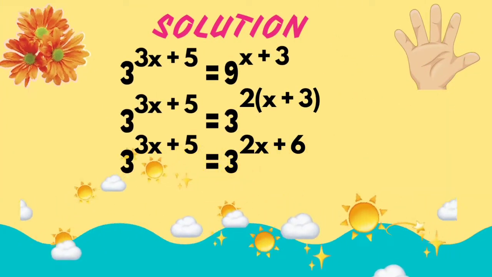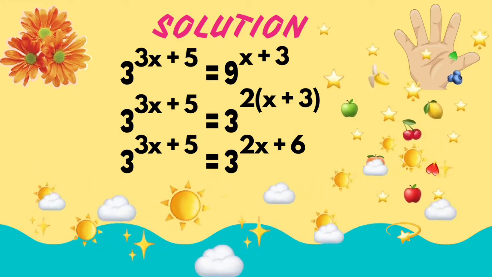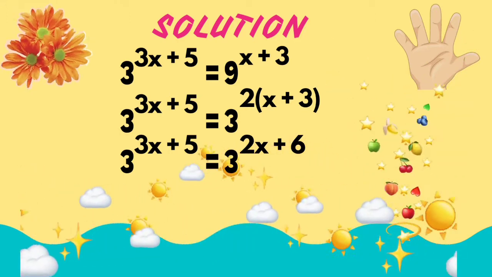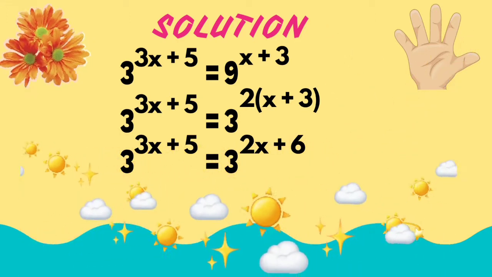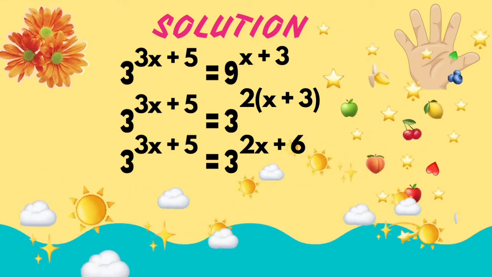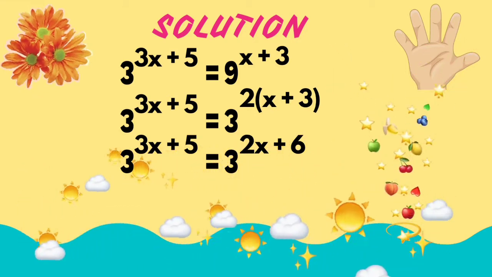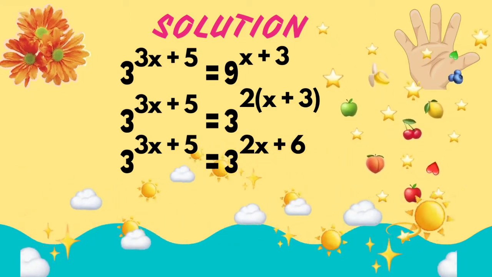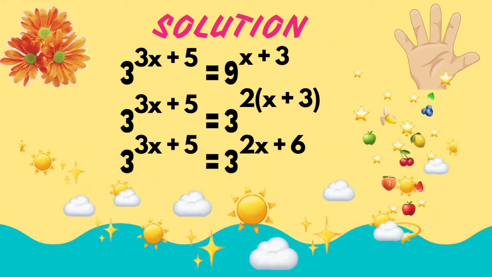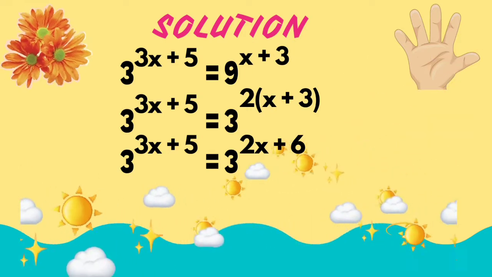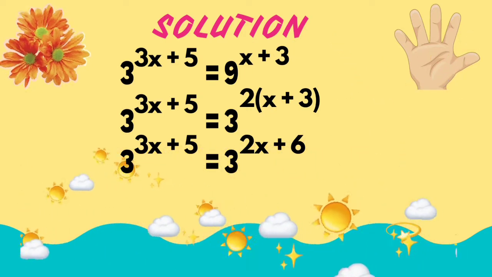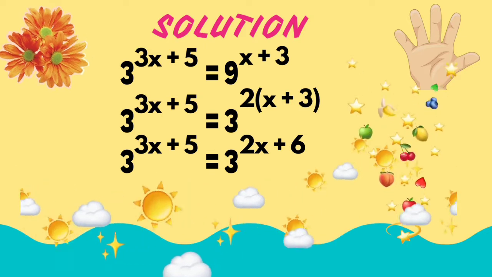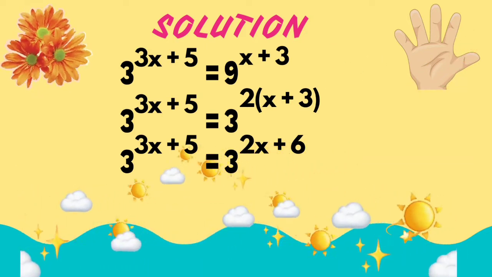So 9 raised to power x plus 3 will become 3 raised to power 2 bracket x plus 3. And so when you open up the brackets on the right hand side of the equation, you will be having 2x plus 6. So the expression will become 3 raised to power 3x plus 5 being equal to 3 raised to power 2x plus 6.